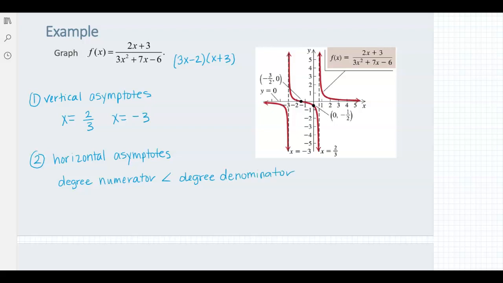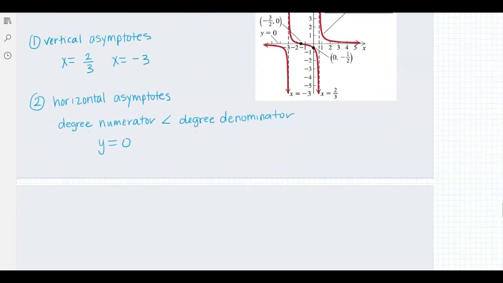And that was one of the options we had in the slide above, which says that the horizontal asymptote is going to be at the x-axis, or at y equals 0. And this is following that idea I was talking about just a minute ago. There is an asymptote here at the x-axis, and it's acting on this part of the graph on the right and this part of the graph on the left. But we can see that the portion in the middle is actually crossing that particular horizontal asymptote.